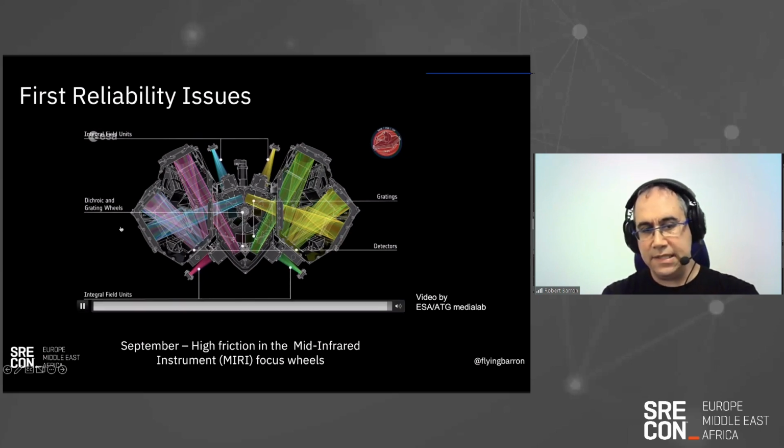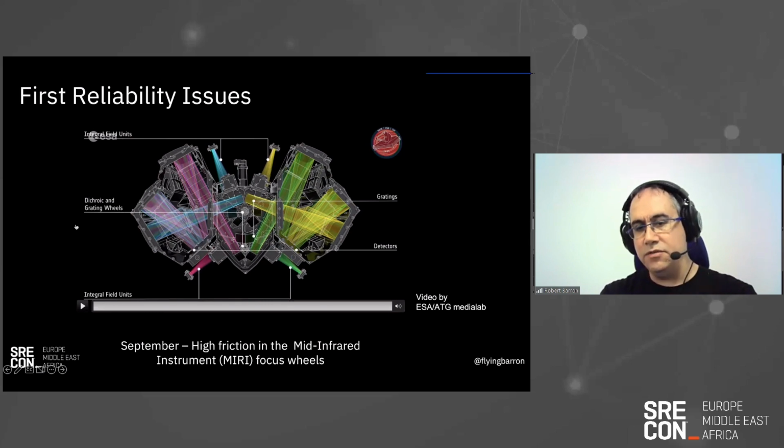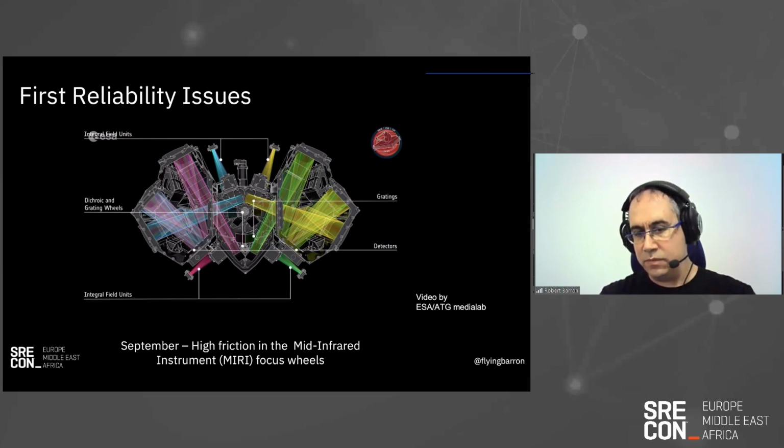One of the components here is a grating wheel, which is used to focus the light in the right way. And what they discovered was that during the focusing process, there's more friction than expected. More energy is needed in order to engage the mechanism. Once it succeeds in getting into proper position, then the scientific information is completely normal.